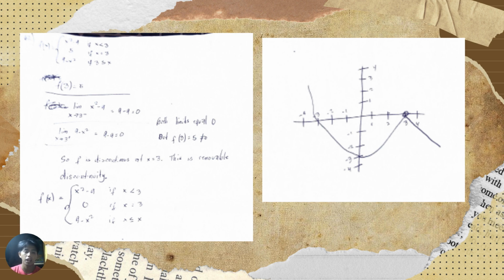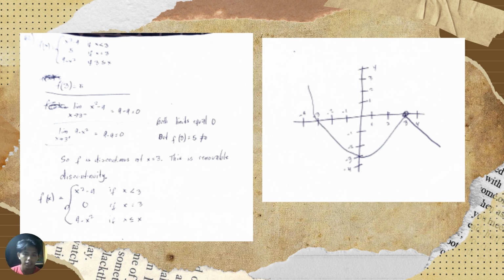So we're going to change the given into f of x equals x squared minus 9 if x is less than 3, and 0 if x equals 3, and 9 minus x squared if x is greater than 3, so that we can easily find its graph.